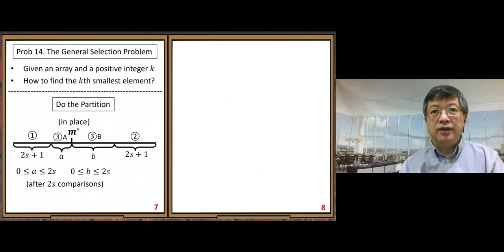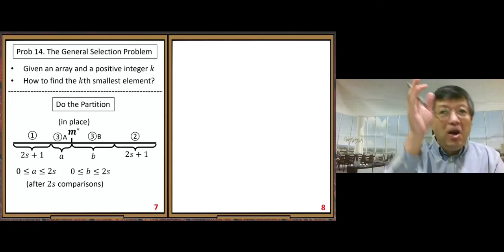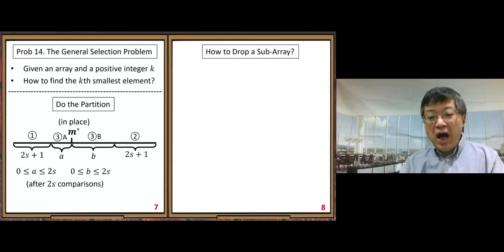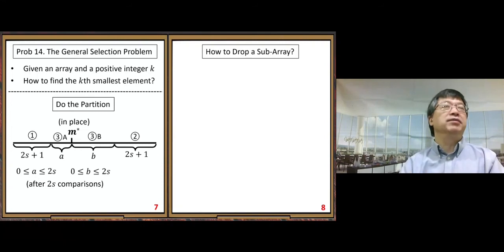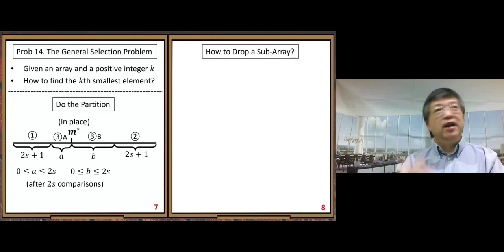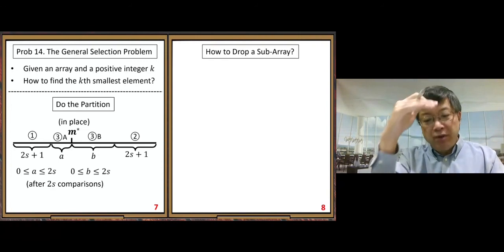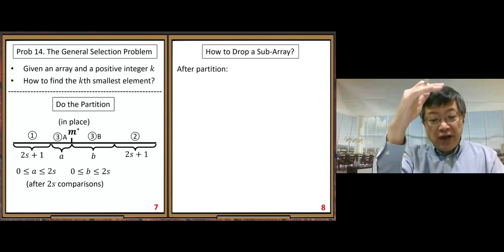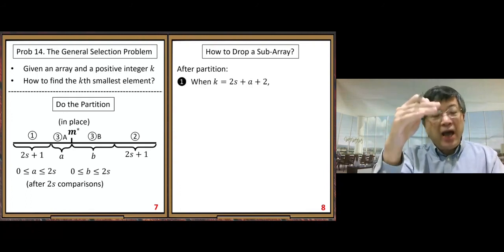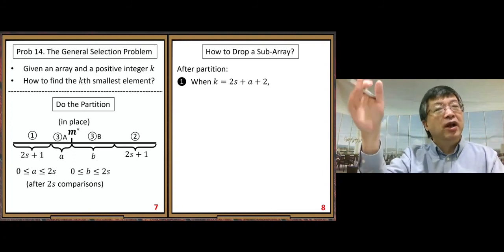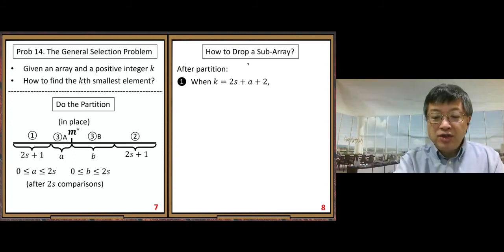All right, so let us do the elimination part. So this is the elimination part: how to drop a subarray based on 3 cases. The first case, the simplest case, after the partition, case 1, is when k equals 2s plus a plus 2, the rank number of M star, right?